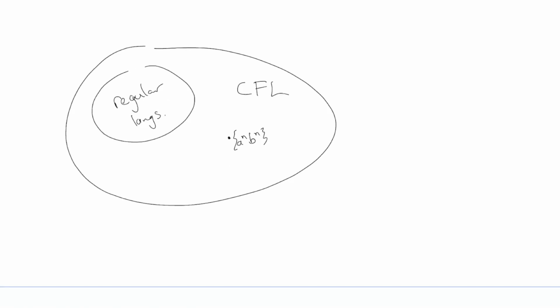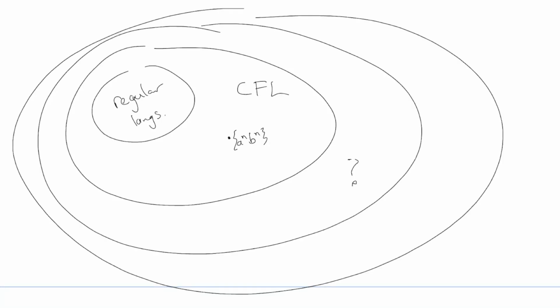All right. And this way of looking at all languages has been very influential in the development of the subject. Since I draw this diagram, you may wonder, is there more stuff out here? And the answer is yes, there are things which are not context-free. In fact, as we get closer to the end of the semester, we're going to be drawing two or three more layers around this of increasingly complex types of languages.